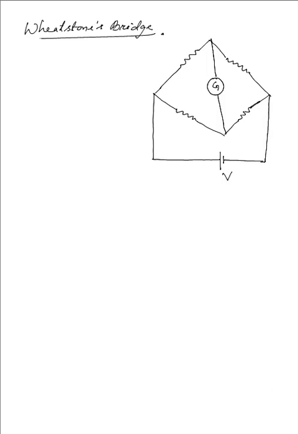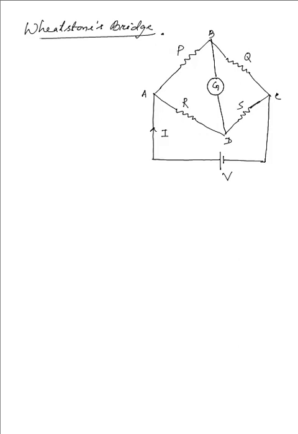So this gives a potential V, to provide a certain current across the circuit. And let me just name them. We have this as A, B, C, and this is point D. And the resistances that have been provided, let them be equal to P, Q, and this is R, and this is S.